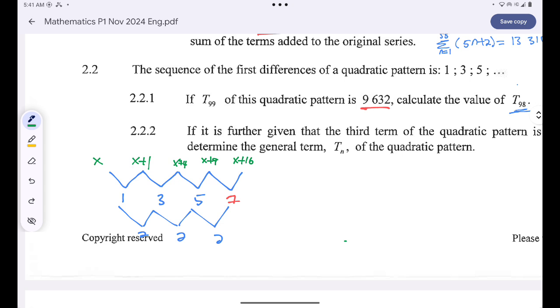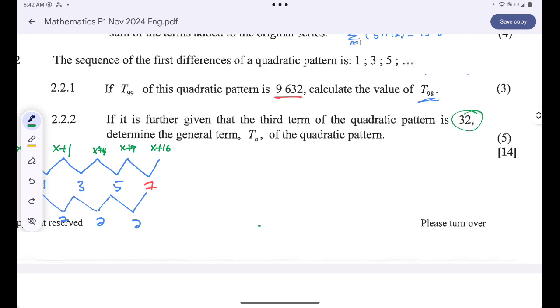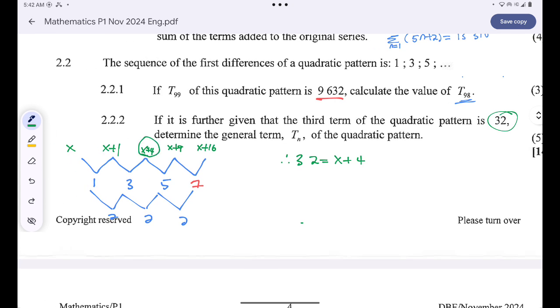But, guys, we are told that the third term is 32. So basically 32 is equal to x plus 4. We generated our own number pattern in terms of x, right? So 32 is just equal to x plus 4, and therefore x is just equal to 28.